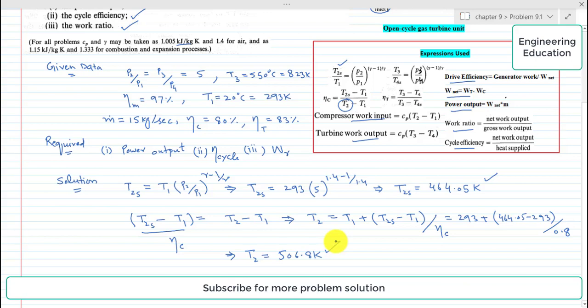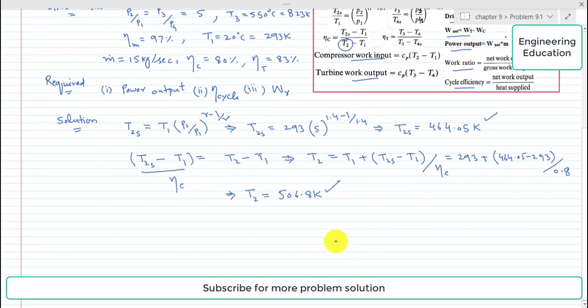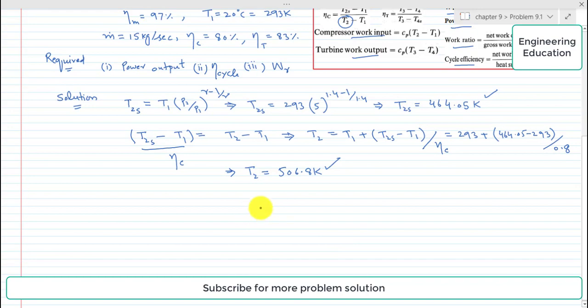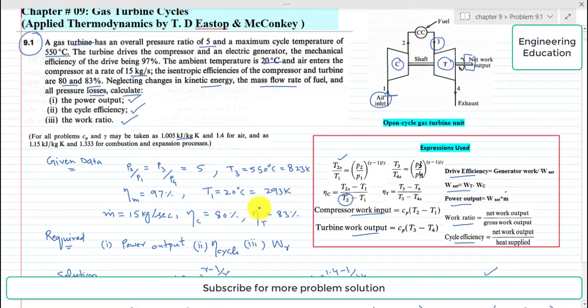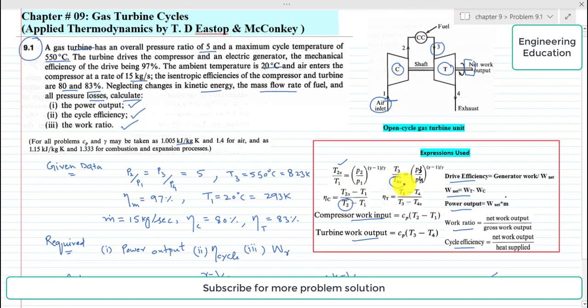Further, at the expansion side, we are again required to find some missing temperatures. One of them is T4S. As P2 by P1 is equal to P3 by P4, the pressure ratio is known in this case, T3 is known, and the value of gamma is given, which is 1.333. So only T4S is unknown.